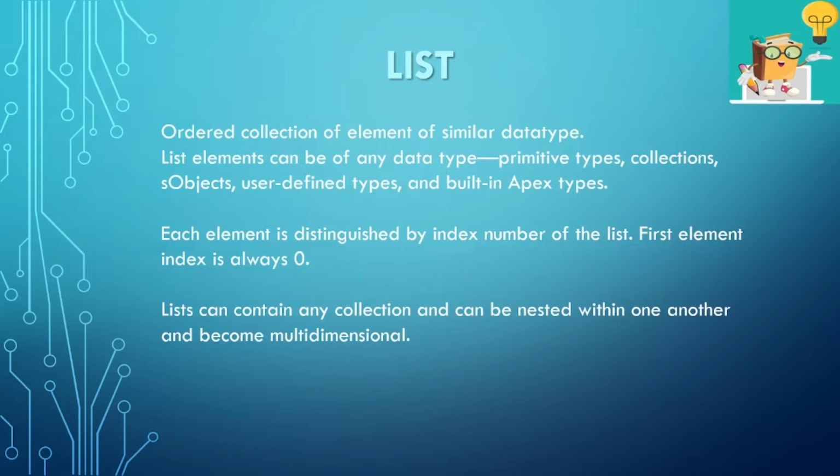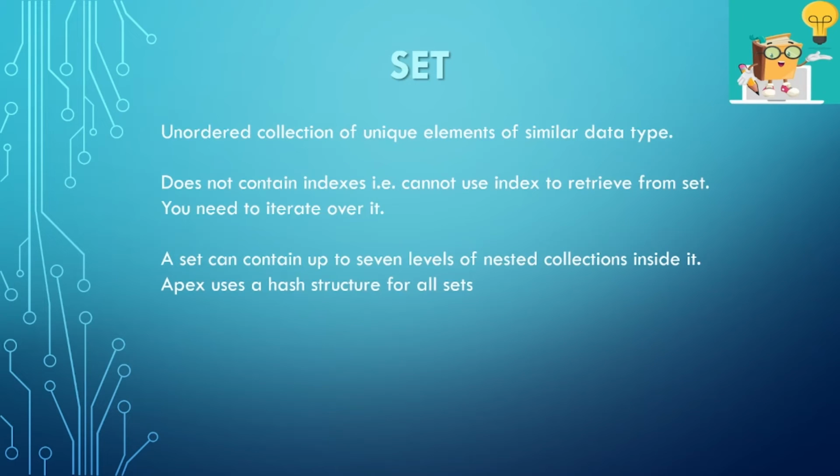Okay. So to avoid this issue, we have another collection variable type in Apex, that is called set. Okay. So what is set? Sets are basically an unordered collection of similar elements. Unordered collection means whenever you are adding an element into the set type, it will not be assigned any index value.